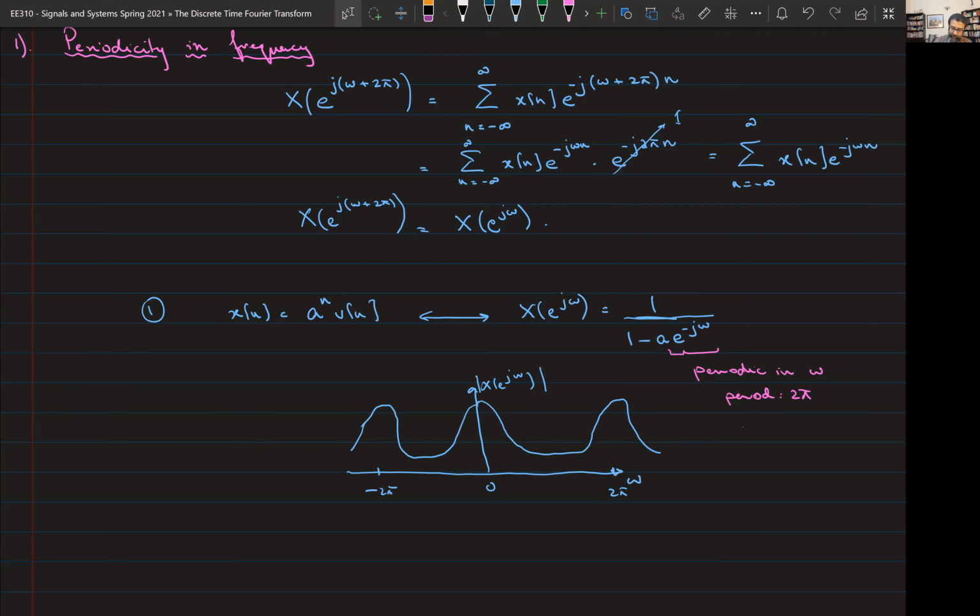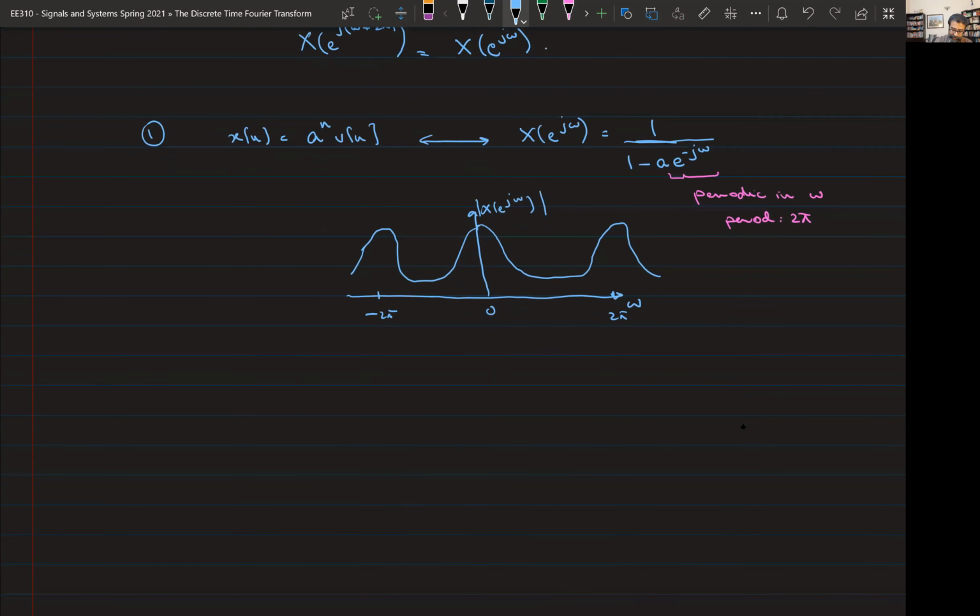Let me do another exercise here. If x of n was equal to 1 for all values of n which were less than capital N and 0 otherwise, we found that the Fourier transform for this was X of e raised to j omega equal to sine omega times n plus half, divided by sine omega by 2.